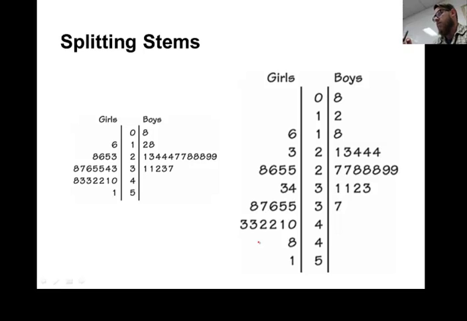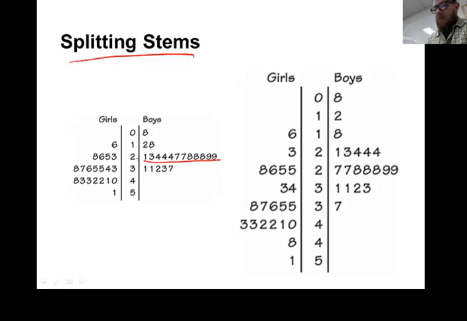Another fun thing we can do with stem plots, when we have too much data, when we have a lot of data points like this, sometimes it's more helpful visually to see what's going on with a stem plot if we do what's called splitting the stems.